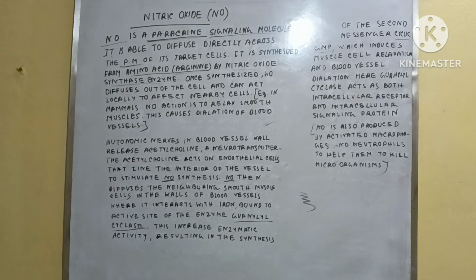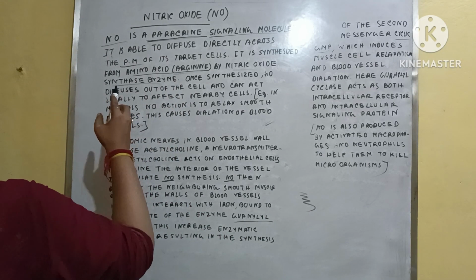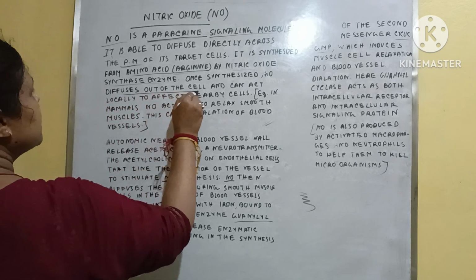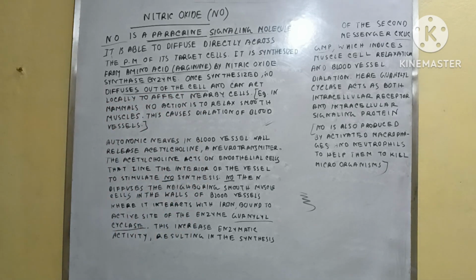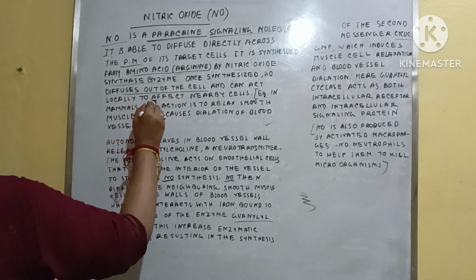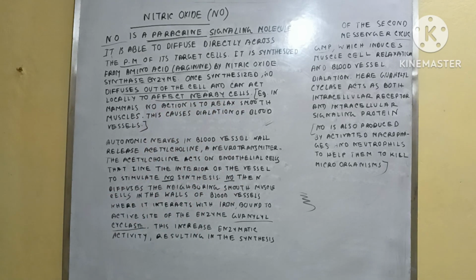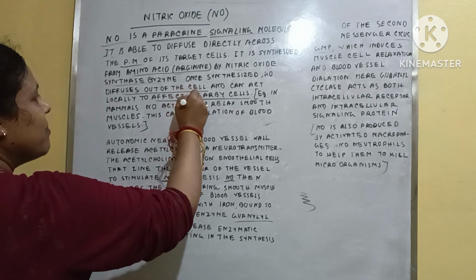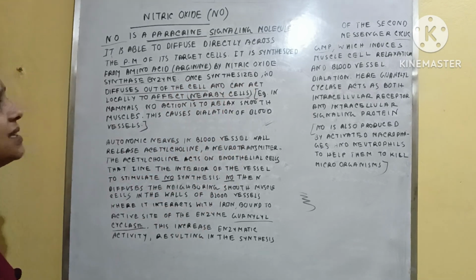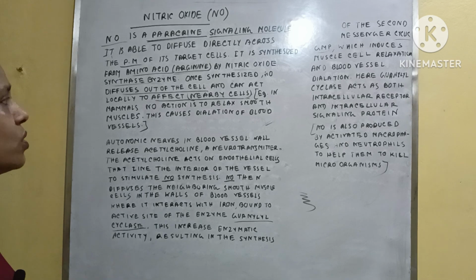And once this is synthesized, it diffuses out of the cell and can act locally to affect the nearby cells. What I told is that it acts on the neighboring cells, just closely associated or closely located cells.